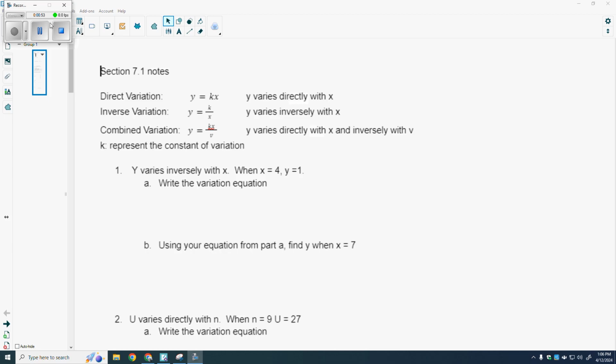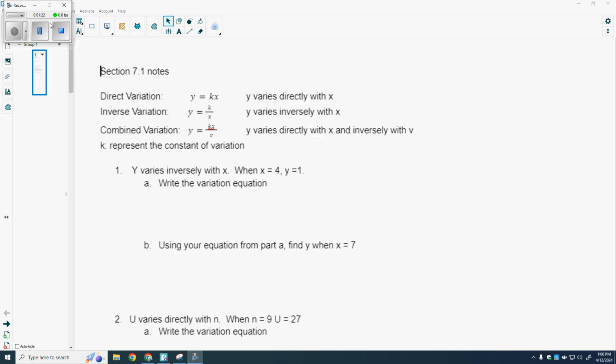And the way you say that is y varies directly with x. If two functions are combined variation, that means it has both direct and inverse. So y varies directly with x and inversely with v. And like I said down there, k is my constant of variation. It's how they relate to each other.